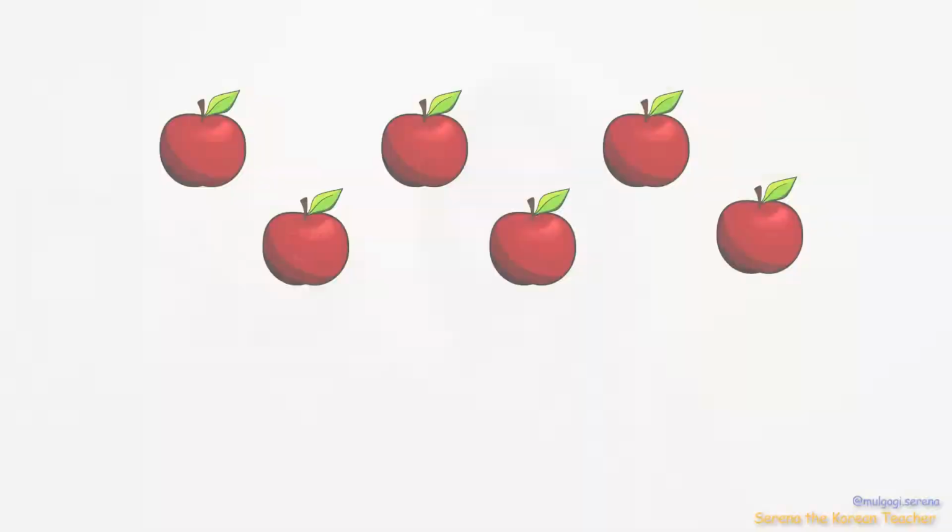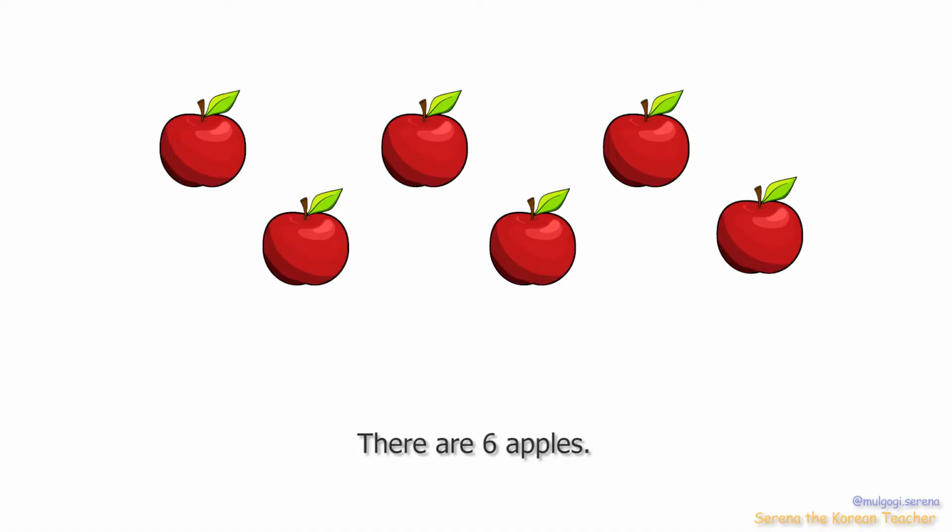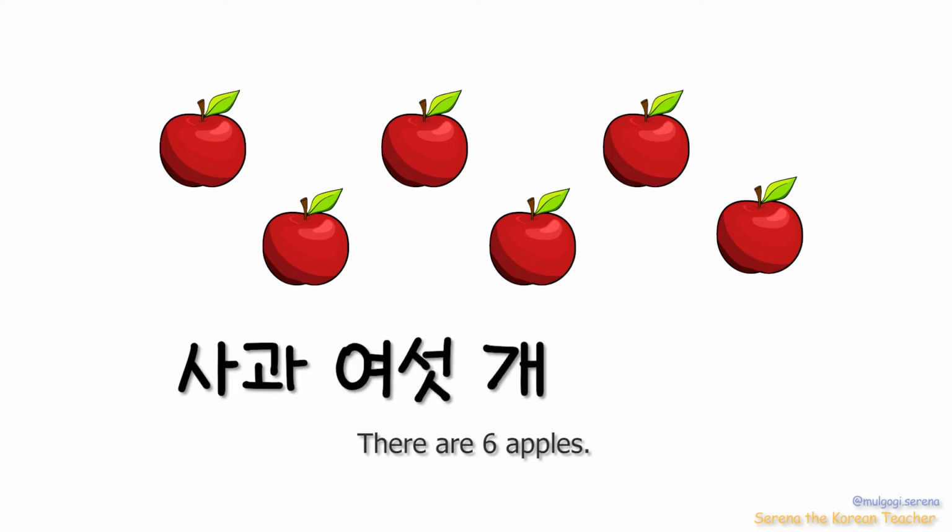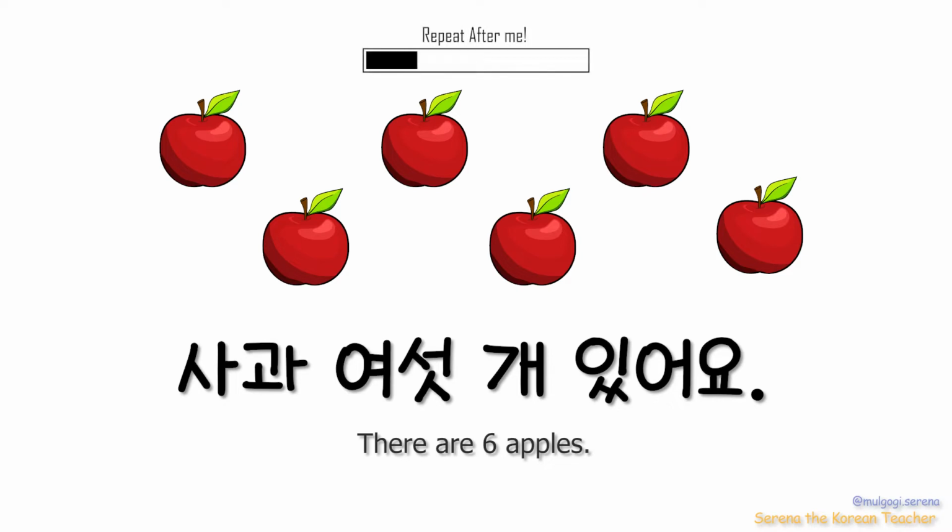You can apply this to any other different counters as well. So, for example, how many apples are there? Yep, there are 6, okay? So, let's actually make a sentence. There are 6 apples. 사과 6개 있어요. 사과 6개 있어요. Alright, now let's make a question in English.